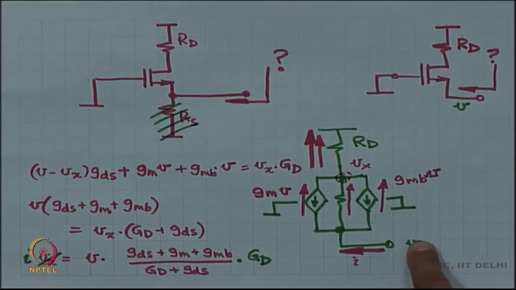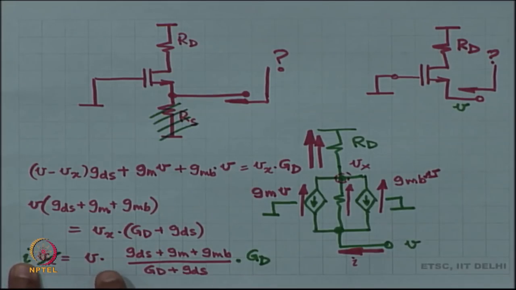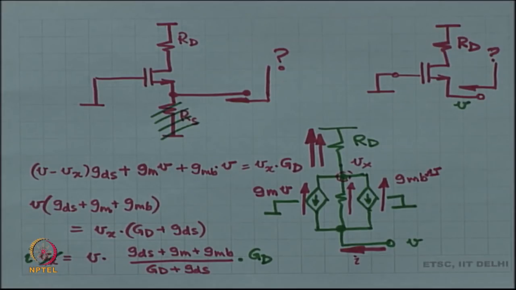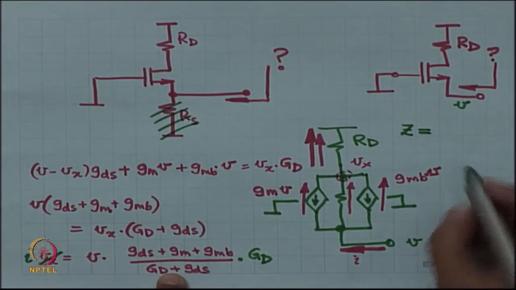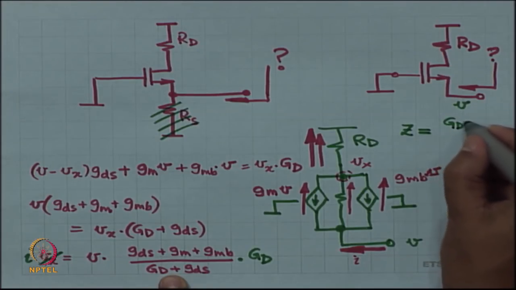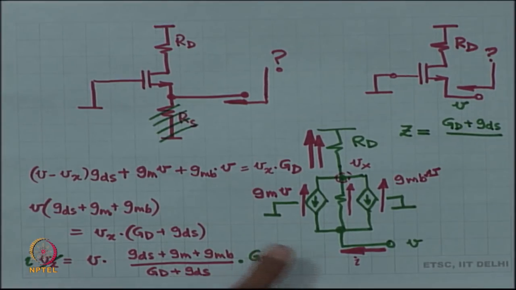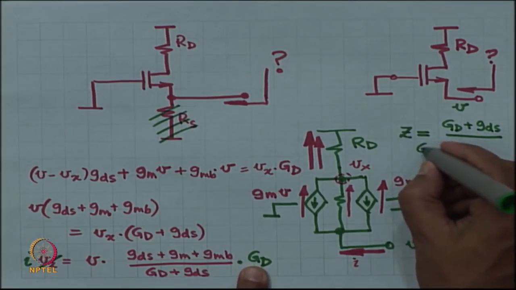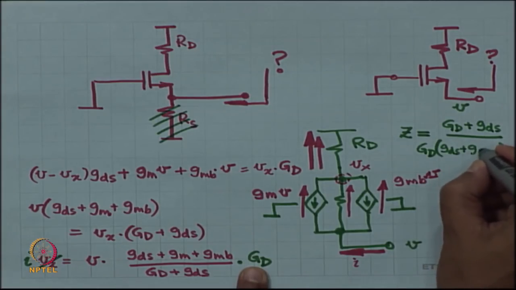I applied V, I measure I, the input impedance is V divided by I. I have found out I, now I have to do V divided by I, and the V of course will cancel out, and therefore the input impedance Z is going to be equal to (gd plus gds) divided by gd into the other terms, (gds plus gm plus gmb).